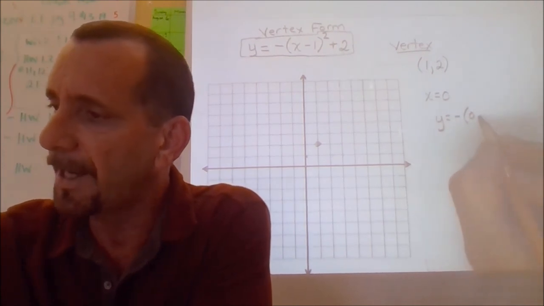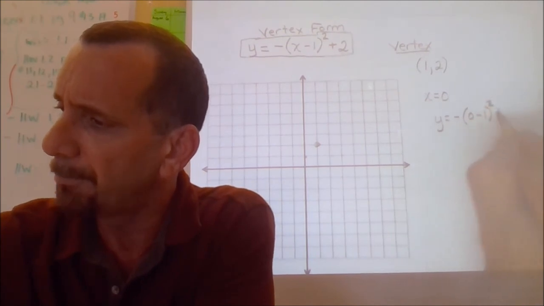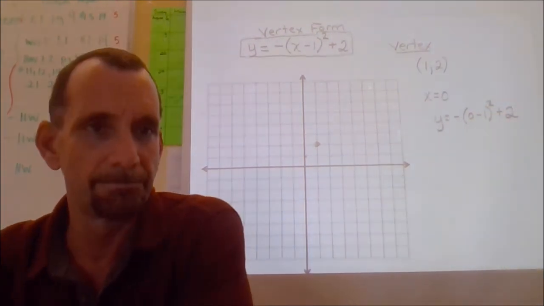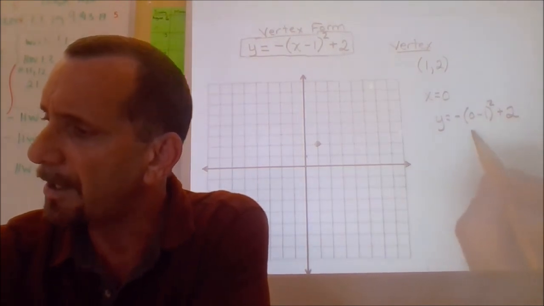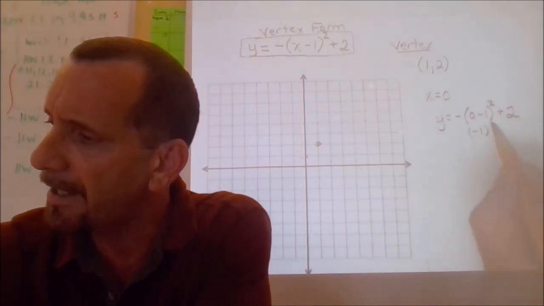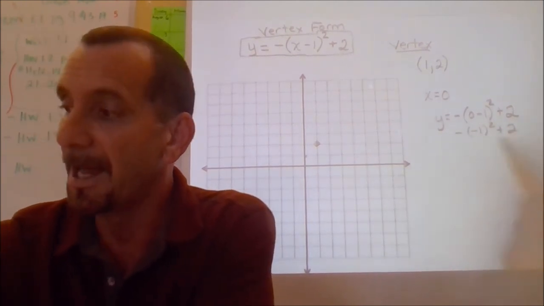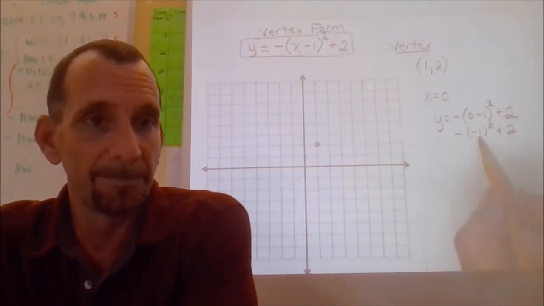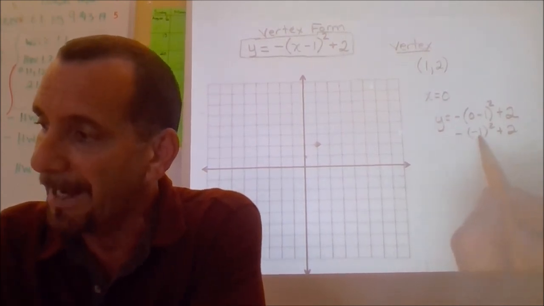Y equals negative (0 minus 1) squared plus 2. Okay, so 0 minus 1 is a negative 1, and I'll just write it out. A negative 1 squared plus 2. A negative 1 squared, that's the only term that's getting squared, is a positive 1.